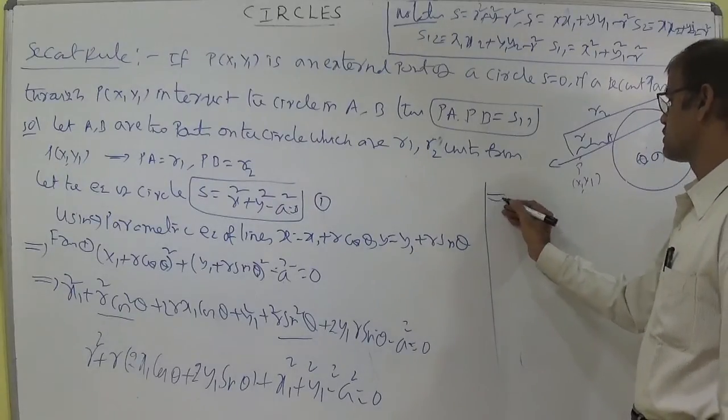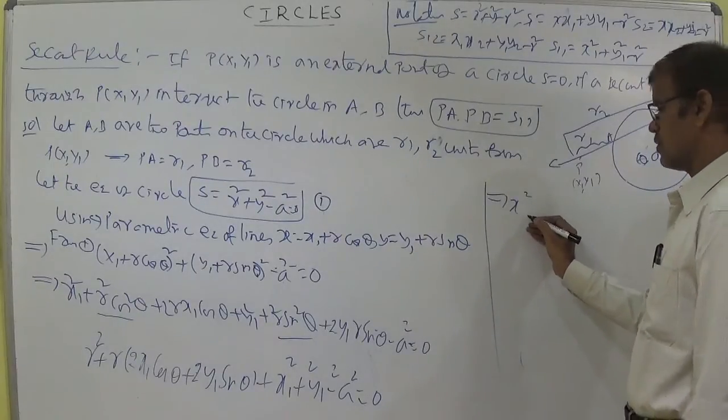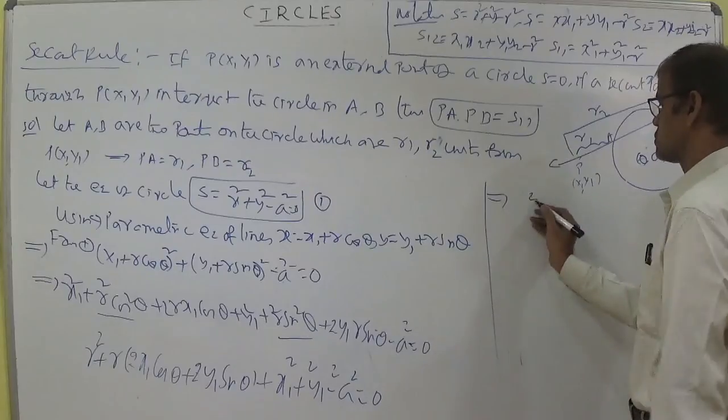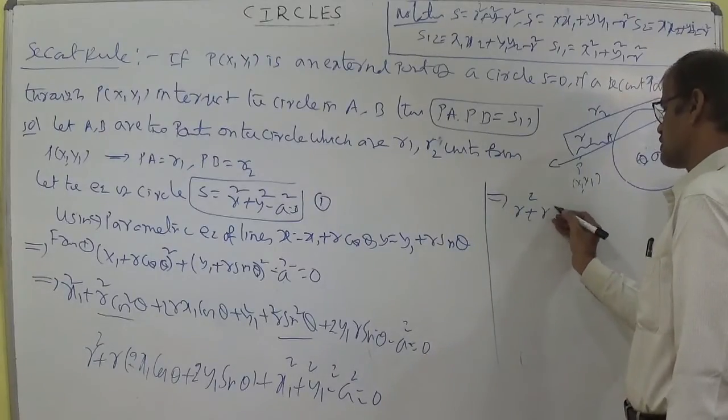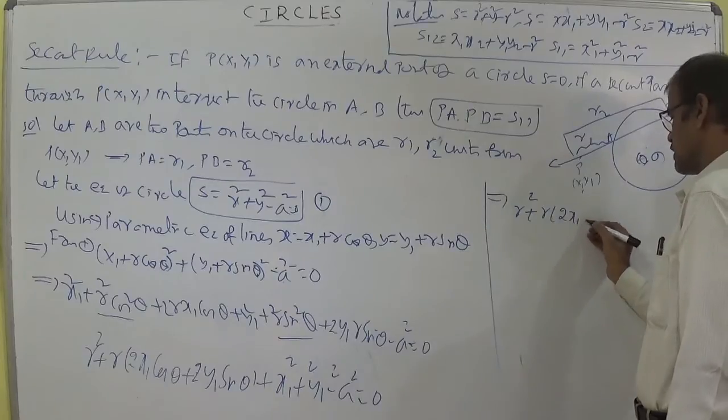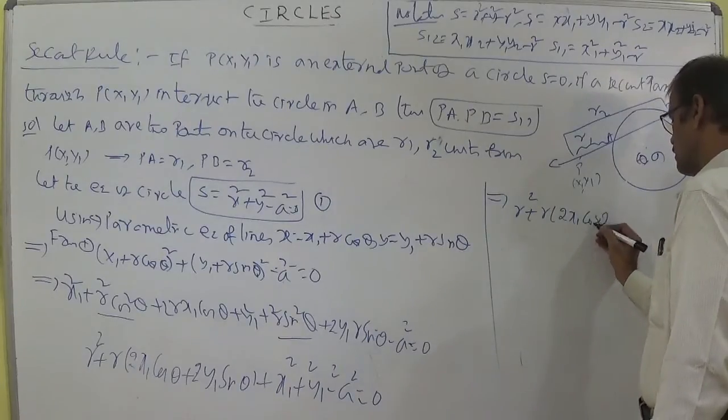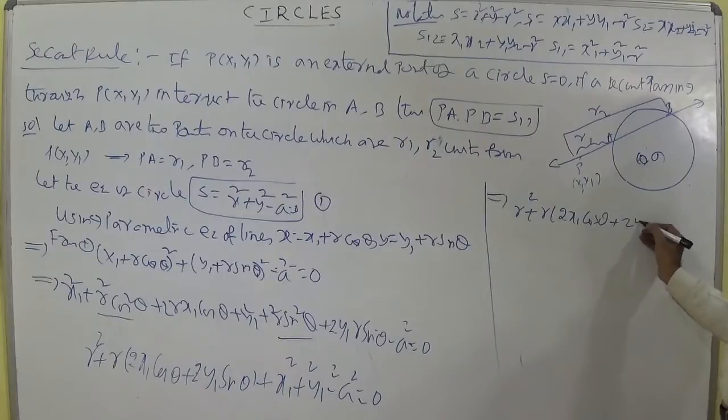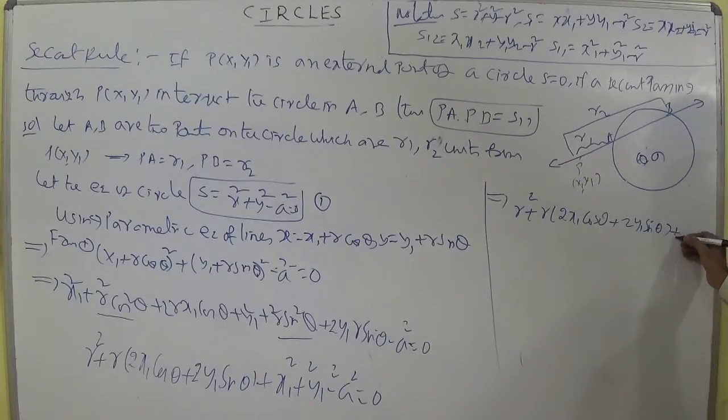That implies you can write here r square plus r into 2x1 cos theta plus 2y1 sin theta plus, students try to understand that notation S11.